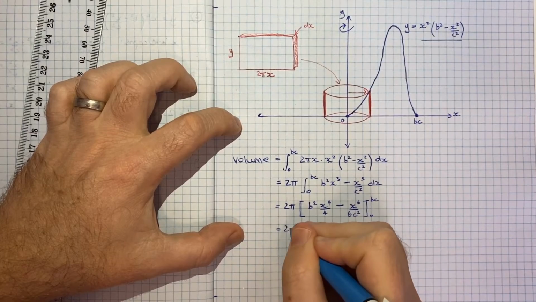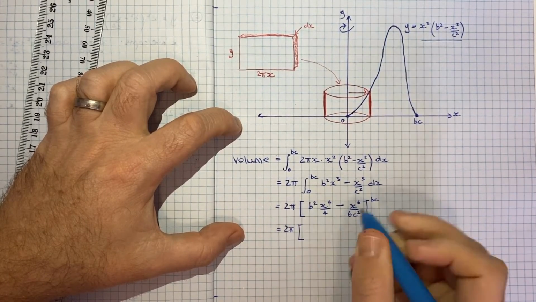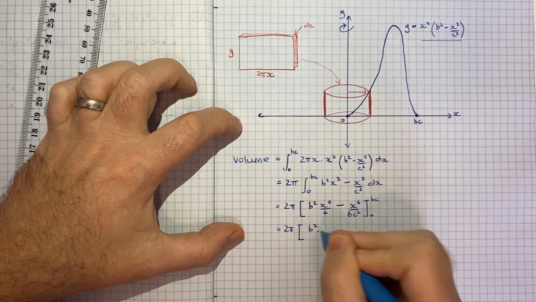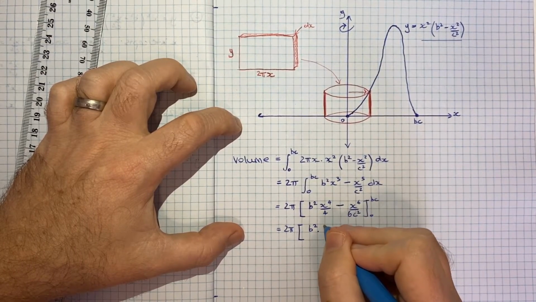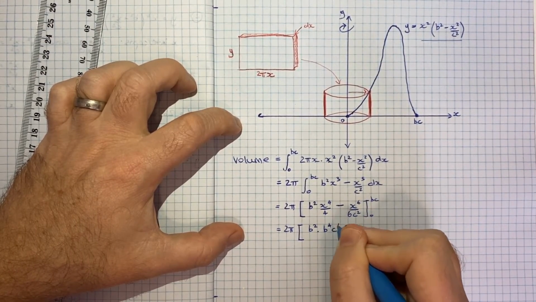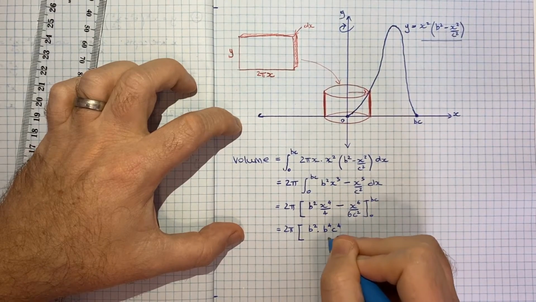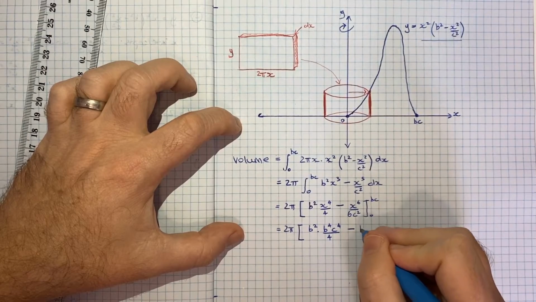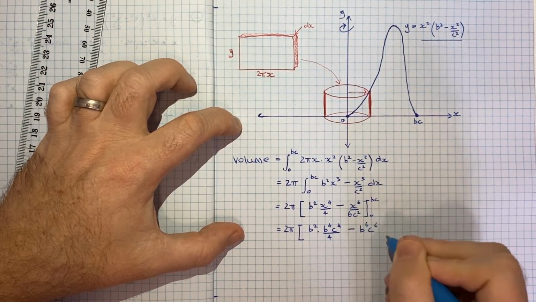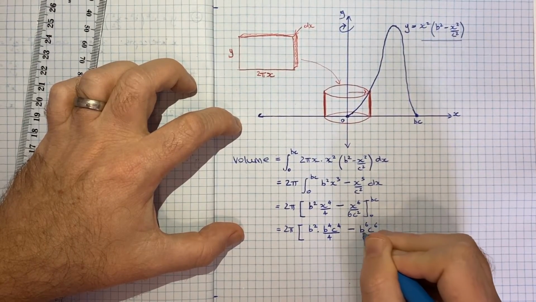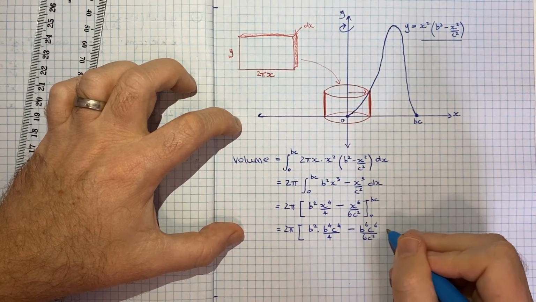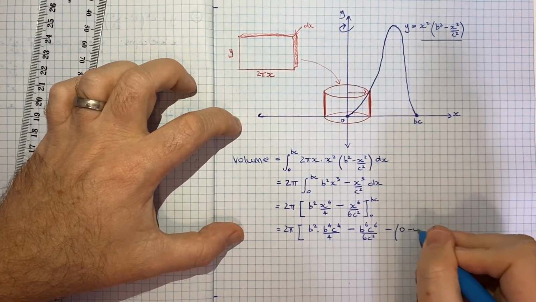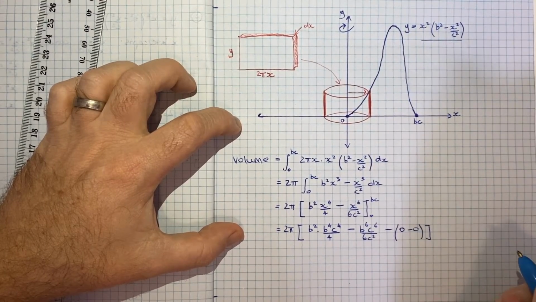So we'll get 2 pi times b squared times bc to the 4, which would be b to the 4 c to the 4, and that's going to be on 4, minus b to the 6 times c to the 6 on 6c squared, and then minus, it's going to be 0 minus 0. So that second bit drops away.